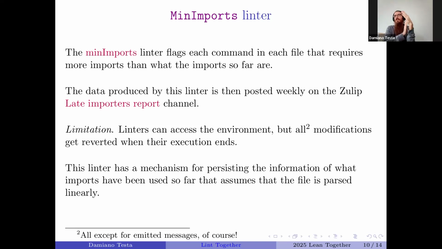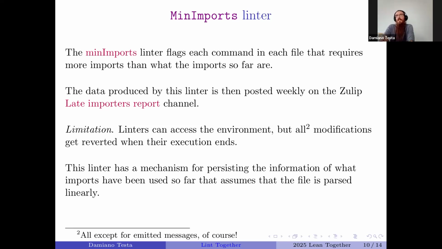So in this case, the linter needs to have access to what the previous command had used as imports, to say whether it increased or didn't increase from the previous one. And there's a bit of a trick in order to do this, which is to store that information in something that isn't stored in the environment, which comes with a cost.